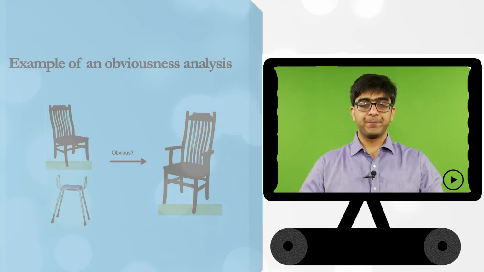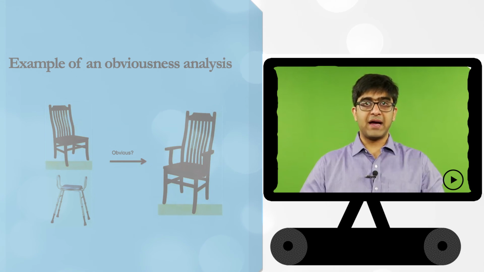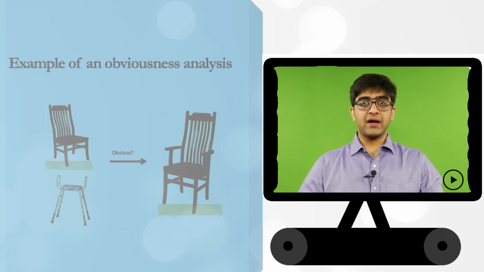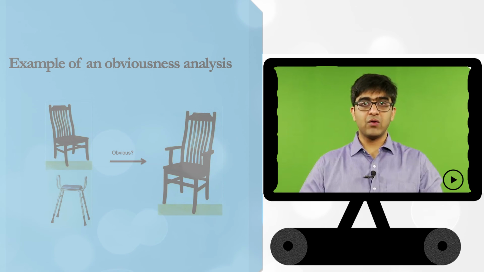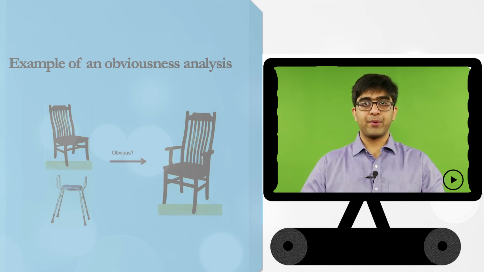Now, let us say you also find another chair which does not have a backrest, but has an armrest. You would see that none of the 2 prior art references, that is the chair without an armrest or the chair without the backrest, can be considered as novelty destroying prior art references. But the question would then arise whether you can combine these 2 references to arrive at the chair.